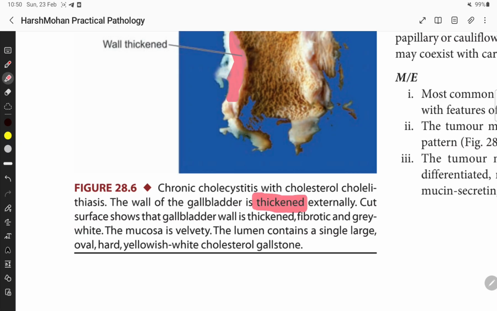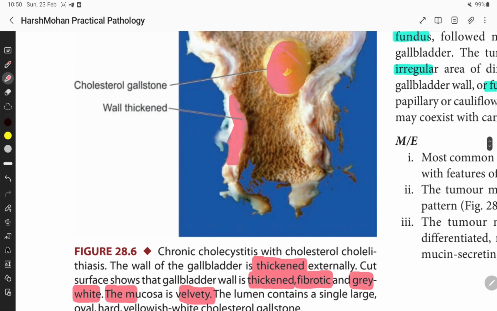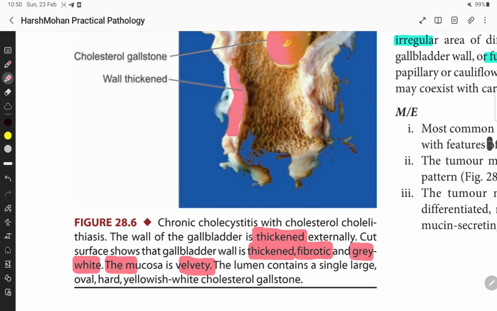The cut surface shows that the gallbladder wall is thickened, fibrotic, and gray white in color. The mucosa is velvety. The lumen contains a single large oval, hard, yellowish white gallstone, a cholesterol gallstone. Cholesterol gallstone is generally yellow white in color.